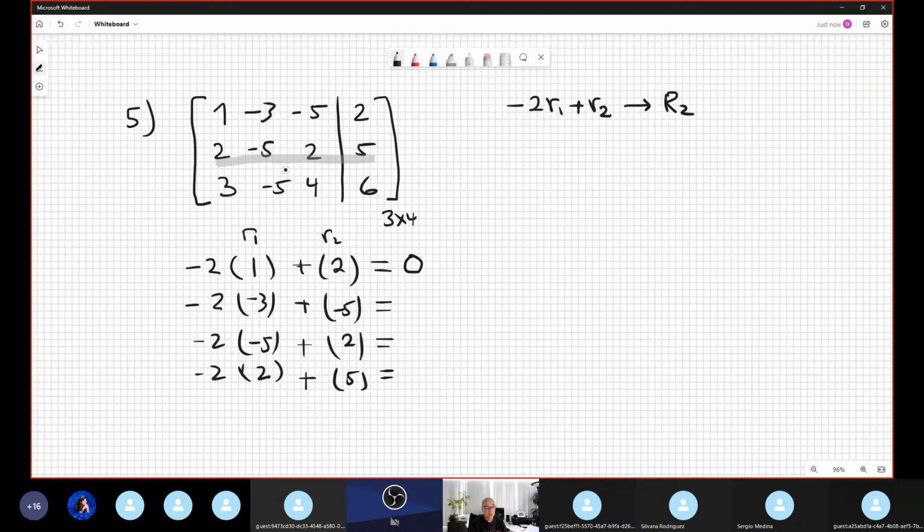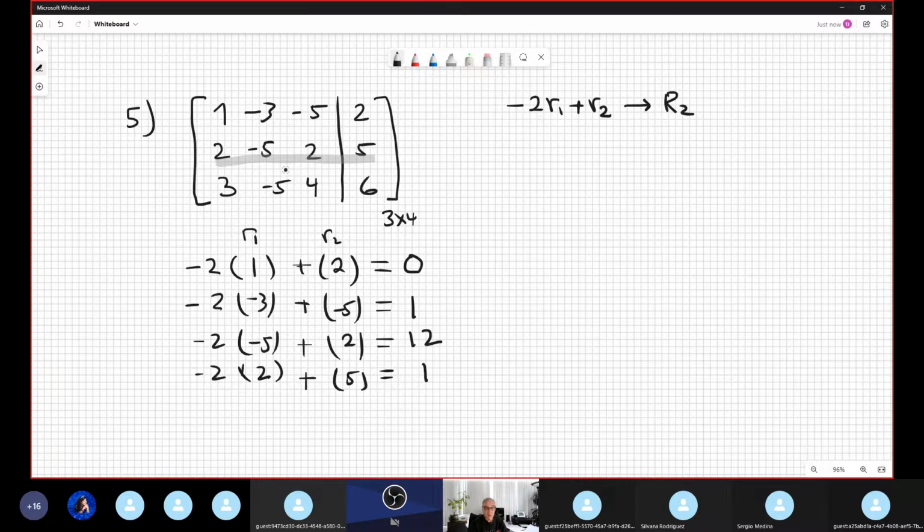Negative 2 times positive 6, positive 6 minus 1, minus 5 is 1. Negative 2 times negative 5 is 10. 10 plus 2 is 12. And negative 2 times positive 2 is negative 4 plus 5.